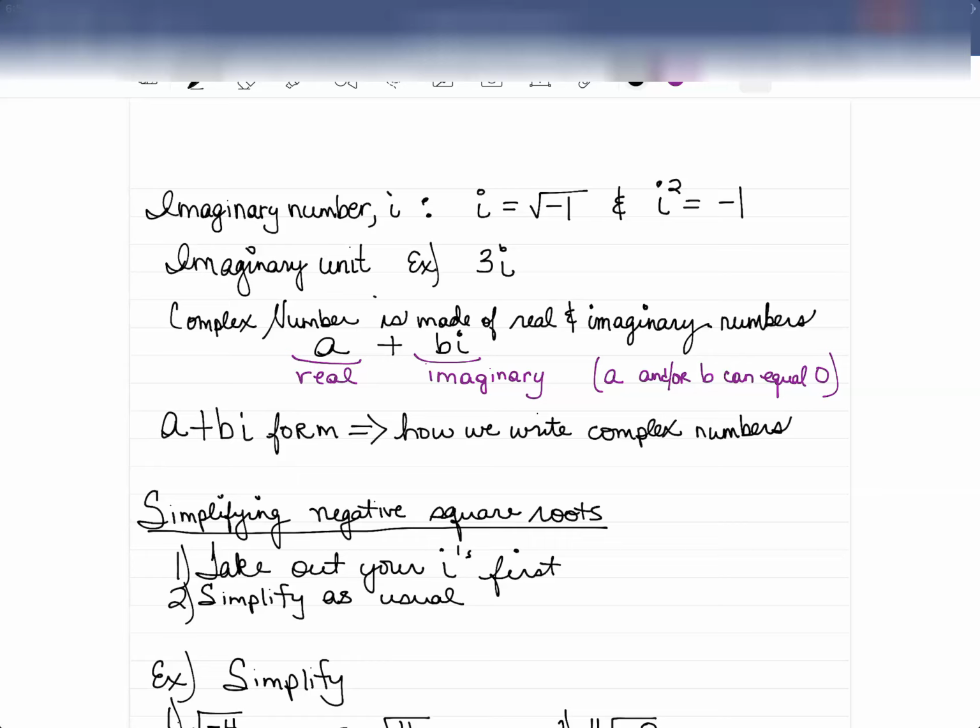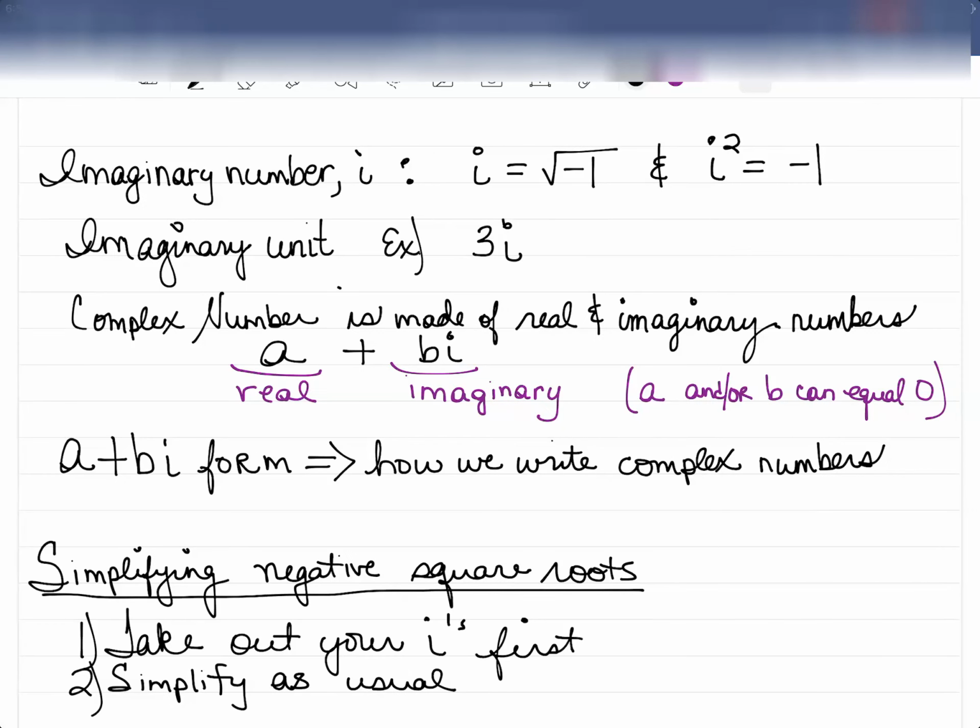We now need to go ahead and learn about those imaginary numbers, those not real numbers. So the first thing I have on the screen is our imaginary number i.